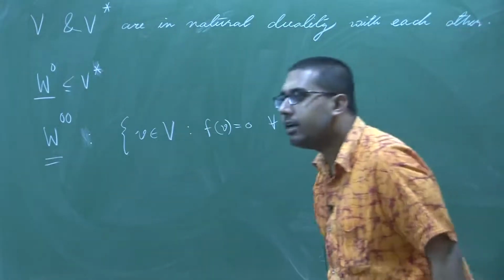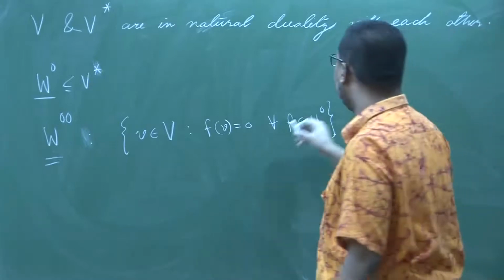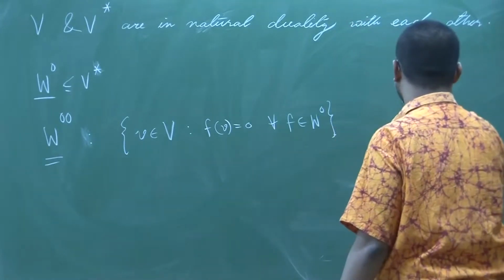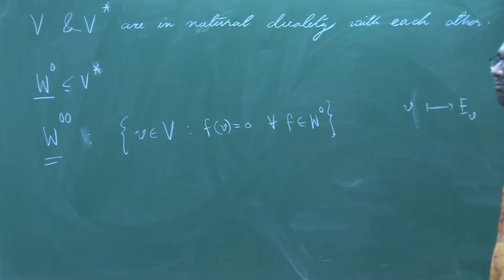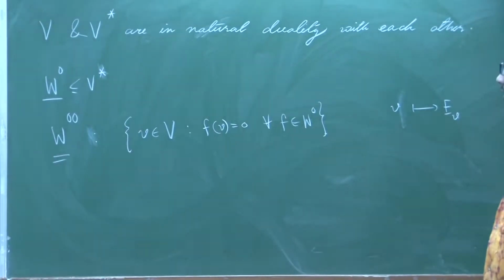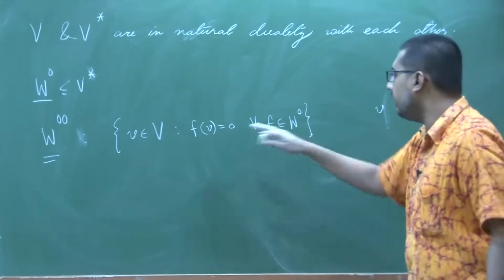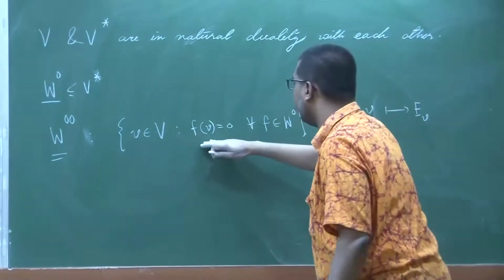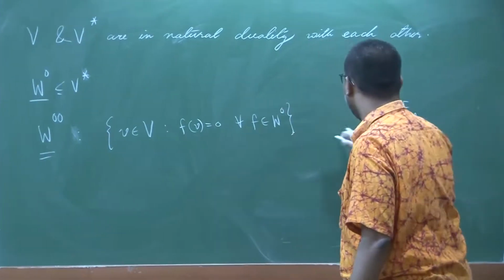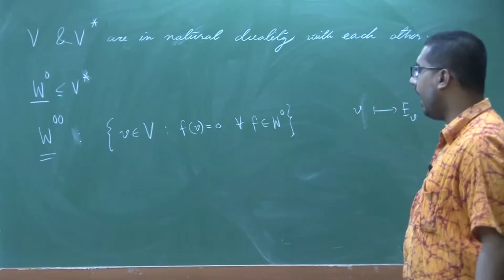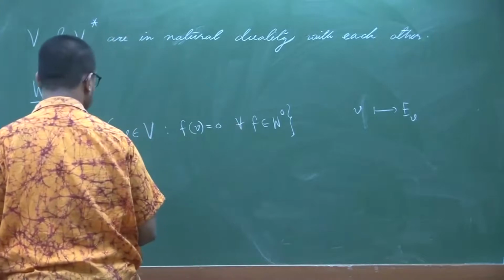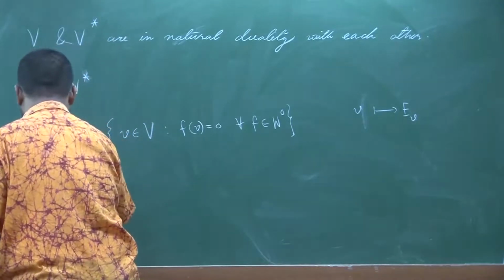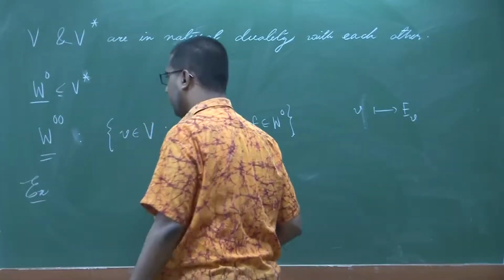In view of that identification, all members in V double dual are of this form. I leave that as an exercise to you because I do not have time.